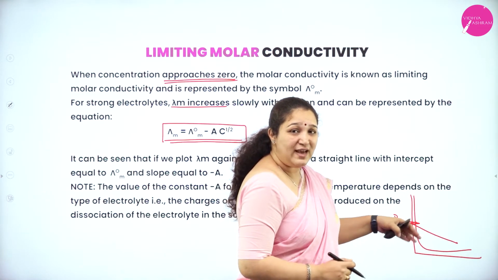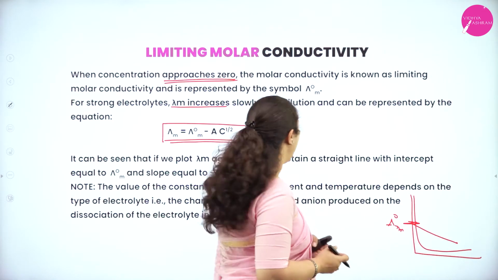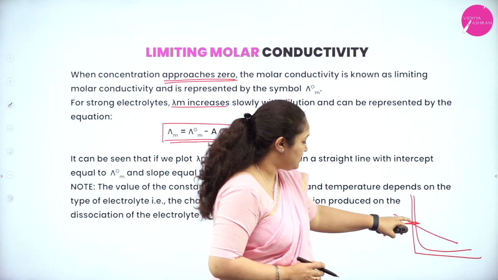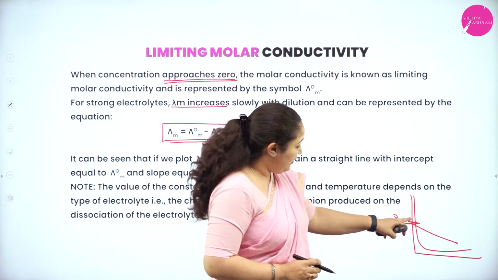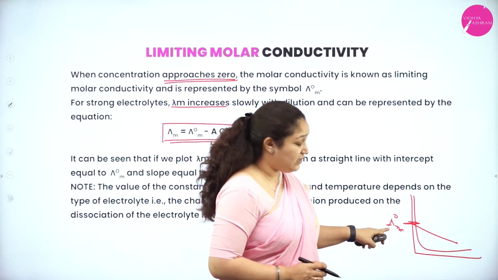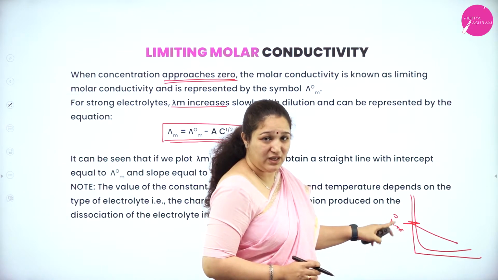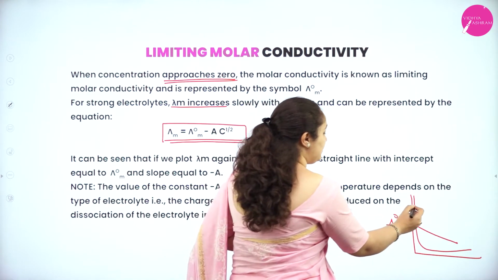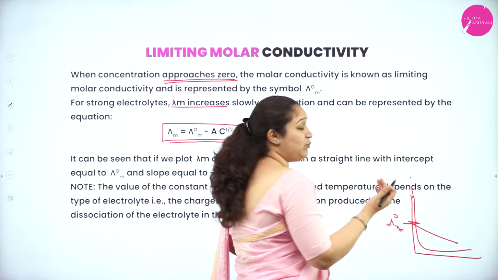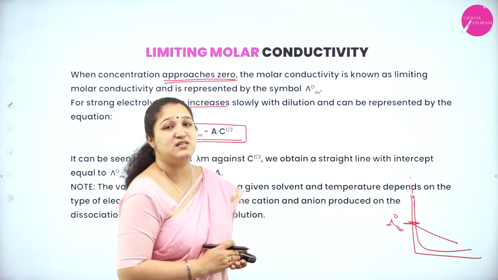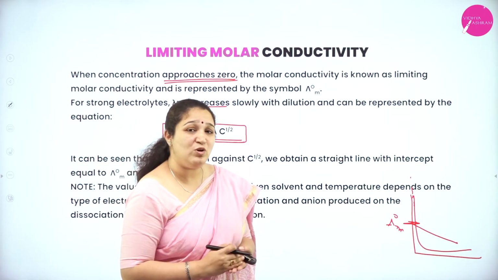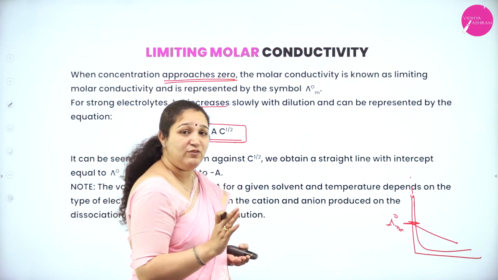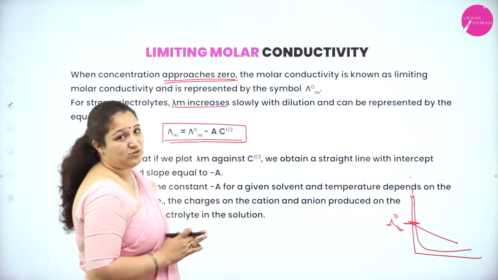Or when the dilution increases and the concentration approaches 0, that is on extrapolation, when it reaches the 0 line, we get the limiting molar conductivity. This is possible only for strong electrolyte. For weak electrolyte, you can see it is going on, however much you extrapolate, it will never meet the y-axis at all. So limiting molar conductivity for a weak electrolyte we cannot find out. It is only for the strong electrolyte.